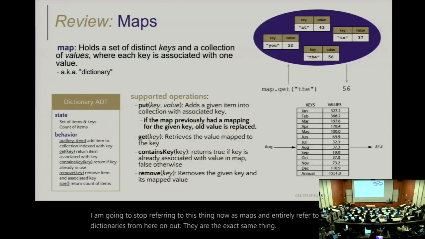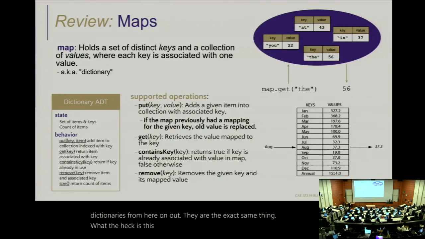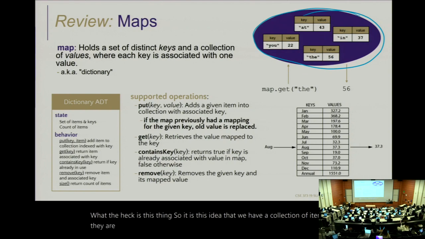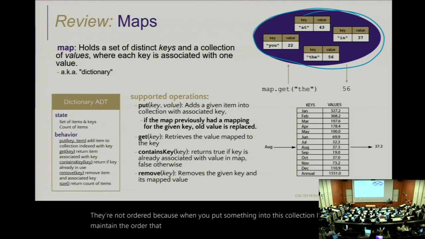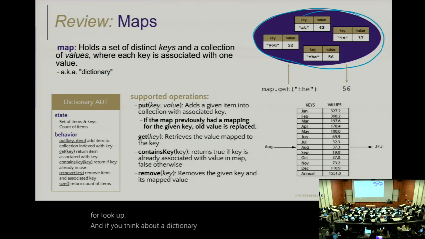What is this thing? It is this idea that we have a collection of items. They are not ordered. They're in this blob, okay? They're not ordered because when you put something into this collection, I don't maintain the order that you gave it to me in. I'm not maintaining some queuing system or some chronological order. Instead, I am trying to optimize for lookup. And if you think about a dictionary, that's what a dictionary is, right?